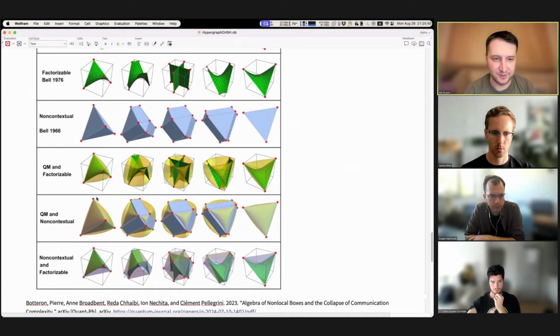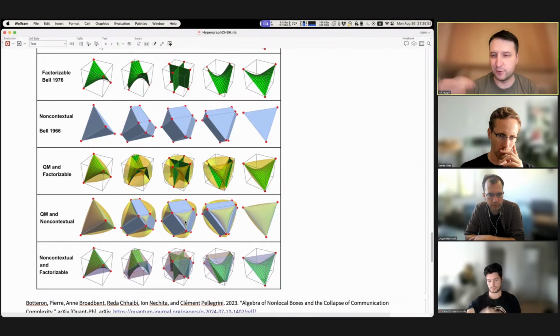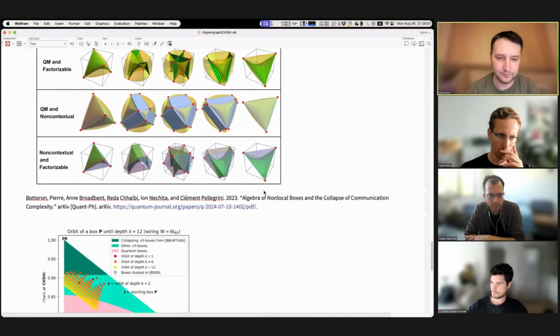But you can see the relationships. For example, between non-contextual models and quantum mechanics, there are places where the non-contextual set goes outside of quantum theory, and places where it's the other way around. That's where the counterexample probability distributions live.